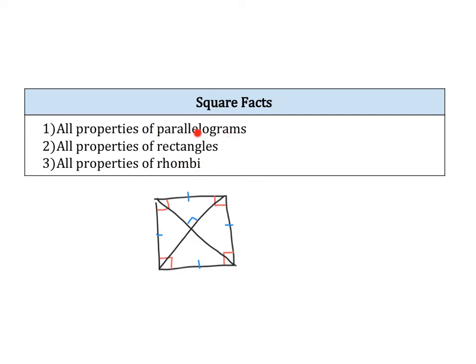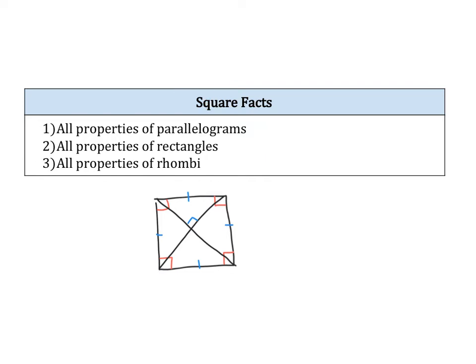So of course, because of parallelogram, opposite sides are parallel, opposite angles are congruent, the diagonals bisect each other. From rectangles, all four angles are 90 degrees, and the diagonals are congruent. From a rhombus, all four sides are congruent, and the diagonals are perpendicular, and the diagonals bisect each other. So there's lots of different facts that are true about squares.